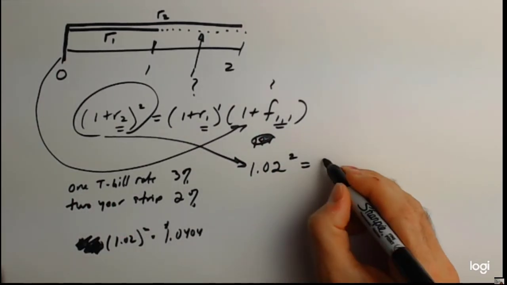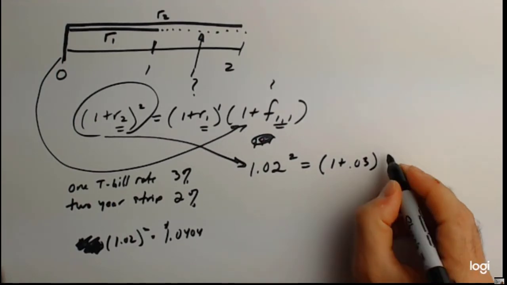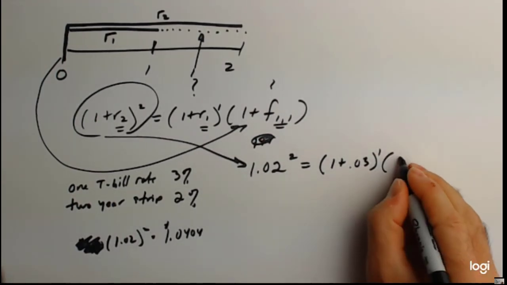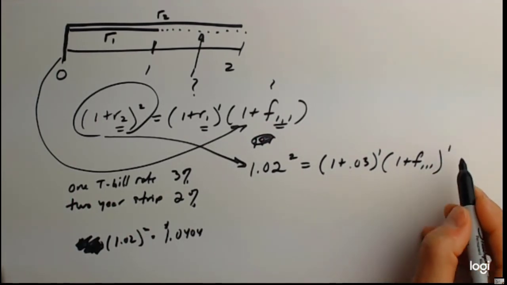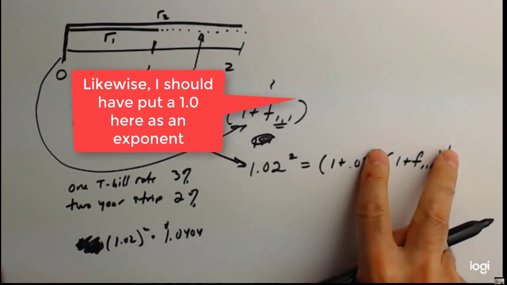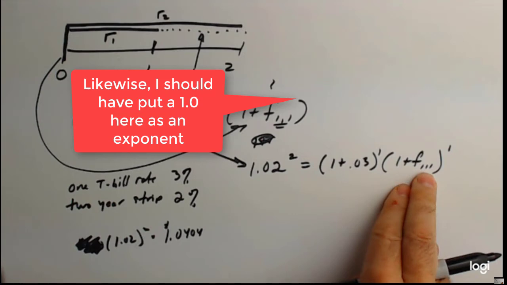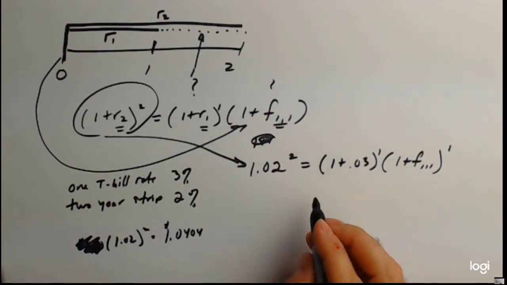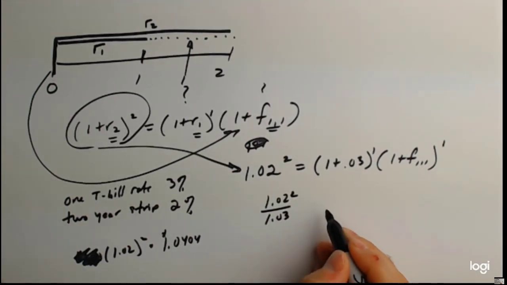That should equal the interest rate that I get here at 3% for 1 period times 1 plus F11, here for 1 period. Notice these exponents have to add up and equal. So these two add up and equal to this exponent. So now solve for F11. Well, that's 1.02 squared divided by 1.03.